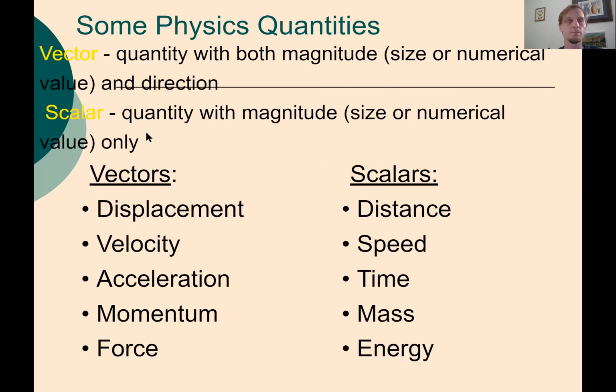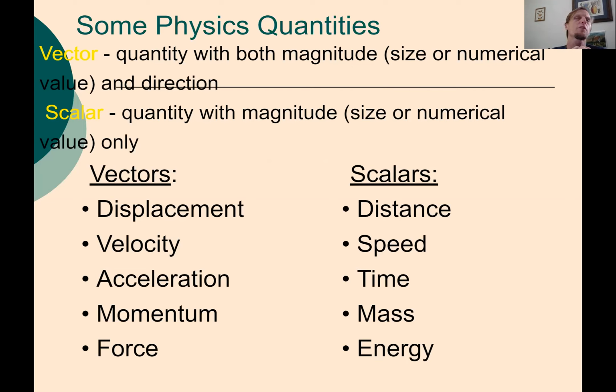I don't know if my picture is in the way on this slide or not. I can't tell. But here are some physics quantities and some particulars you want to know, okay? So first, there are vector quantities. Say vector, right? This is a quantity with both magnitude and direction, okay? When we say magnitude, all we mean is size: small, medium, large.